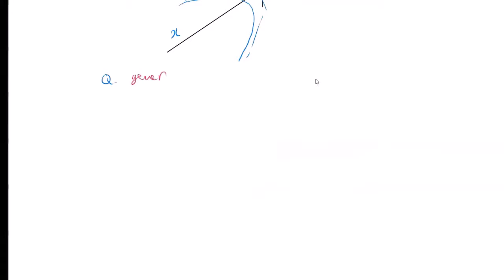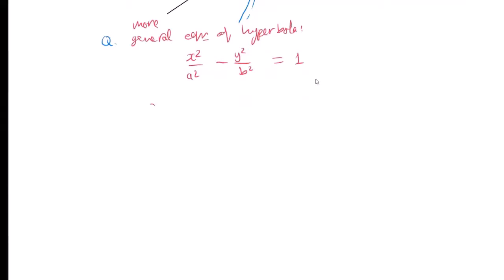More general: x square over a square minus y square over b square equals 1. This way, or maybe the other way as well.